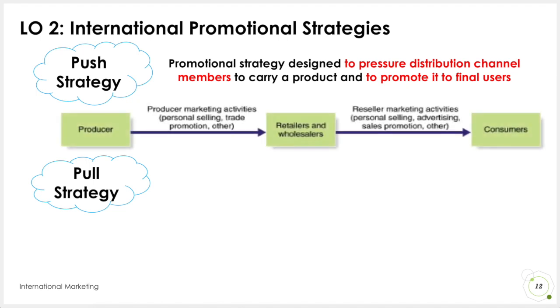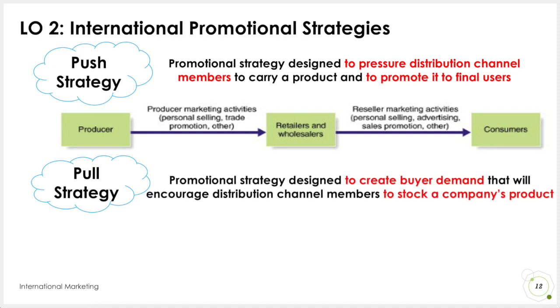Simply said, the producer takes the products to the consumer or customer through retailers and wholesalers. By contrast, a promotional strategy designed to create buyer demand that will encourage distribution channel members to stock a company's product is called a pull strategy.